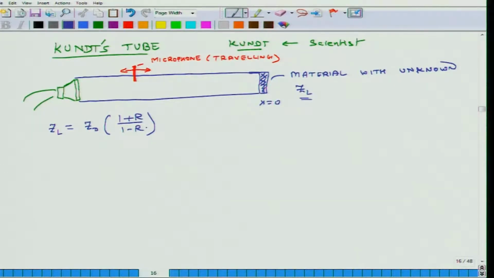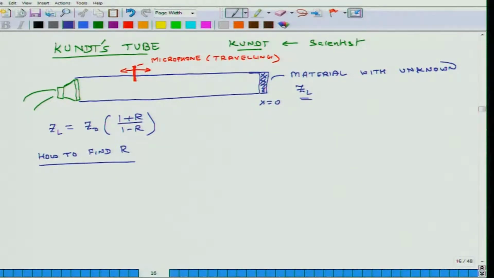So if I can calculate R, then I can calculate ZL. Now we try to figure out how to measure R. This is the question.